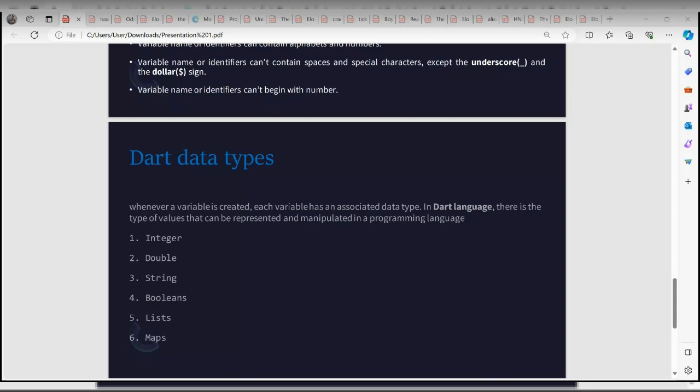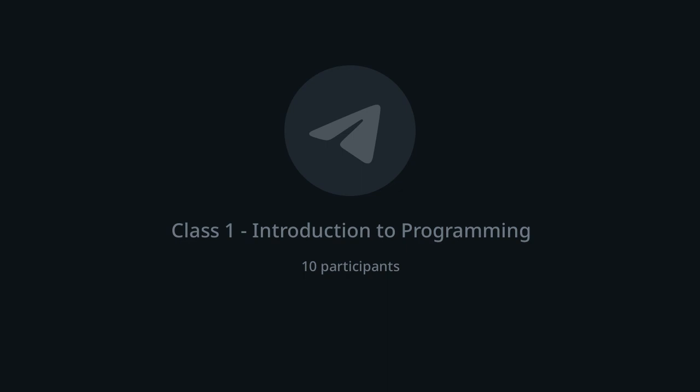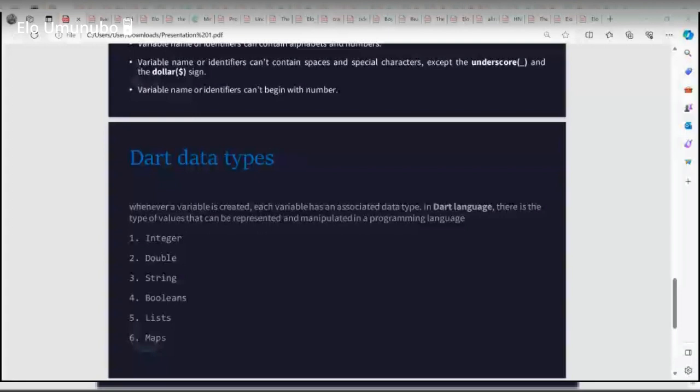Example of string: "This is a string." All right, so we have it there. It starts with an opening quotation mark and it ends with a closing quotation mark. So we can have numbers, 5 points, whatever.